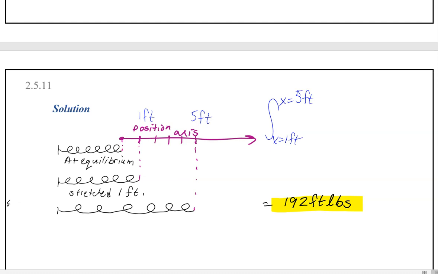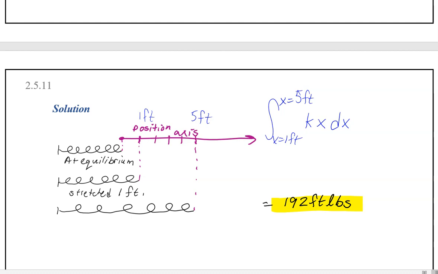Starting at 0 feet is starting at equilibrium, and it would require less work to go from 0 to 4 feet than it does to go from 1 foot to 5 feet, even though the distance is the same. That's because it requires more work to stretch an already stretched spring. Then we have our spring constant times x, that's kx for Hooke's law, times the differential dx.